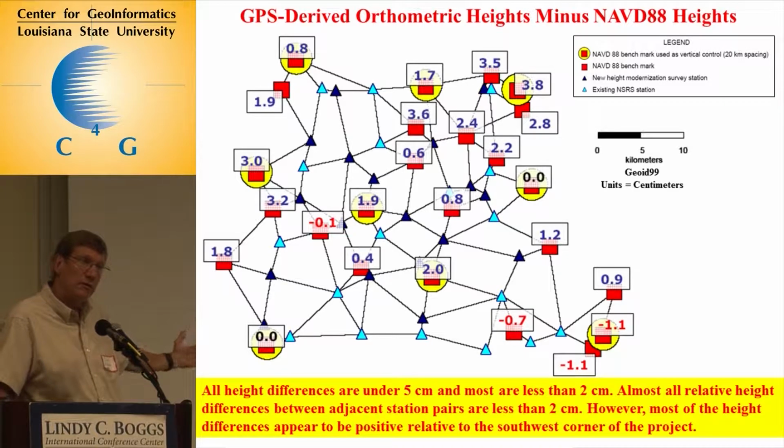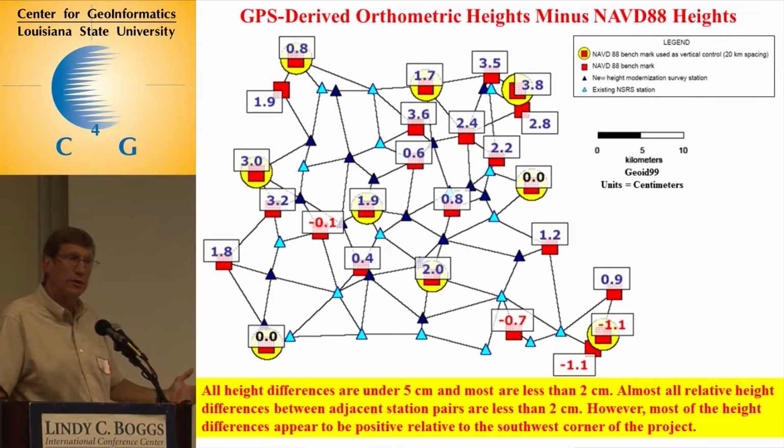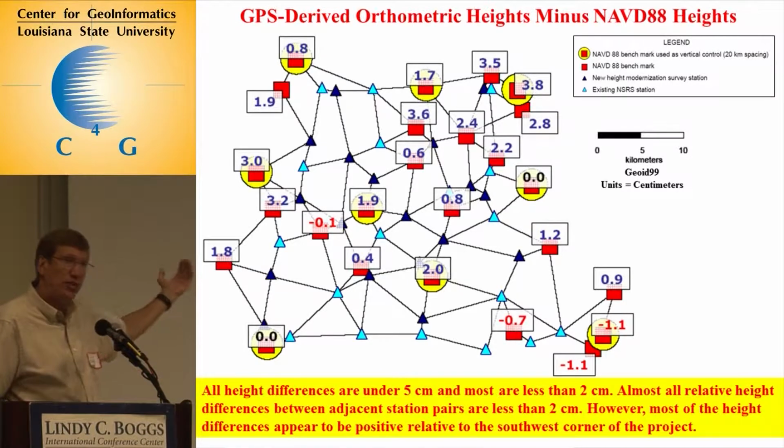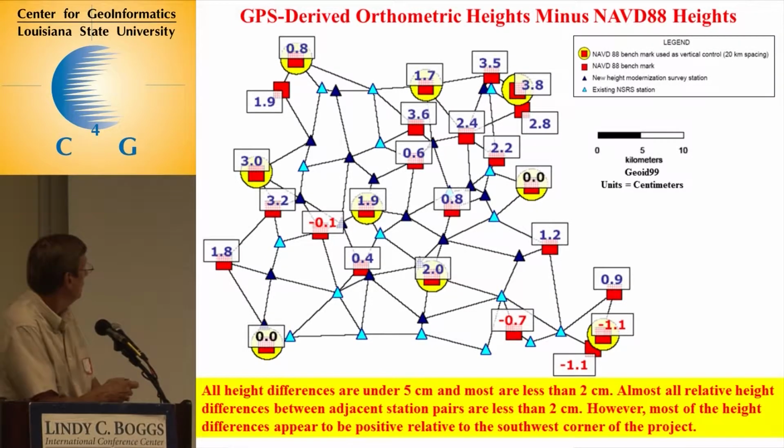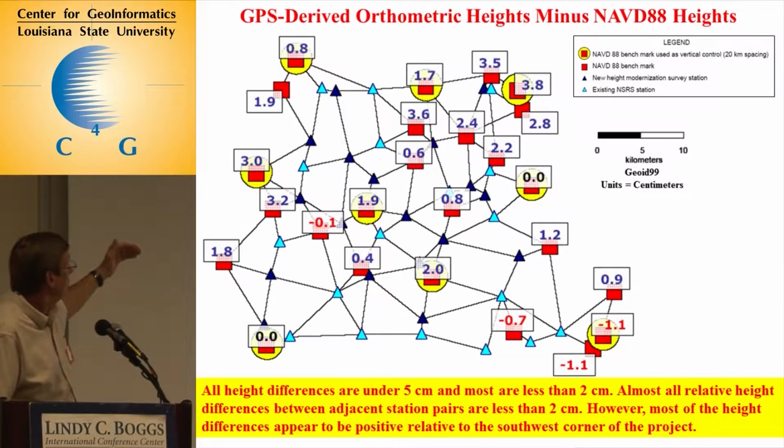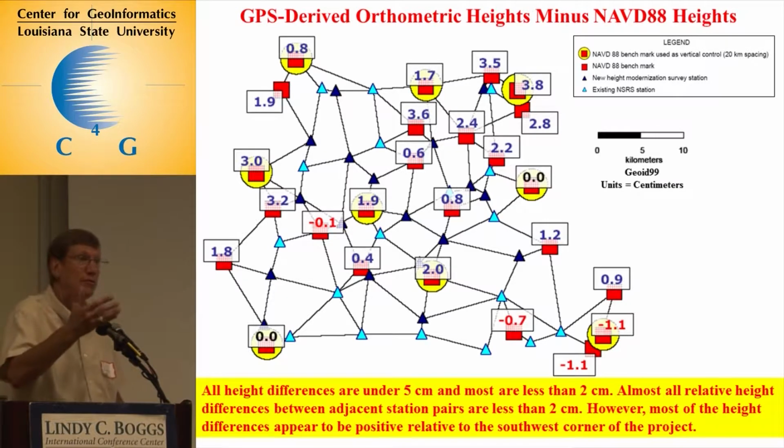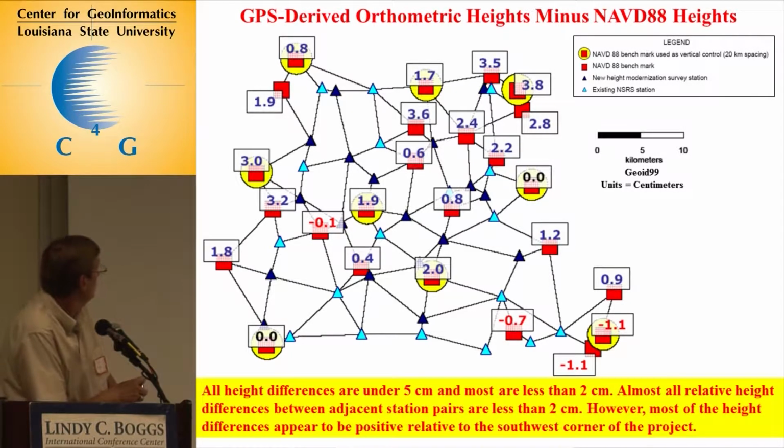But in the past, and the new geoid models don't have this as much, there's a tilt left in here. So when I go through and look at these differences, for a 2 centimeter survey, you want your relative difference to be 2 centimeters. And as I showed you, a lot of these are. Between here and here is 2.7, but over in here is less than 2.